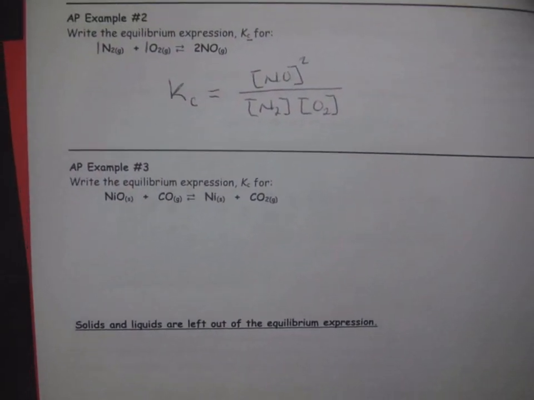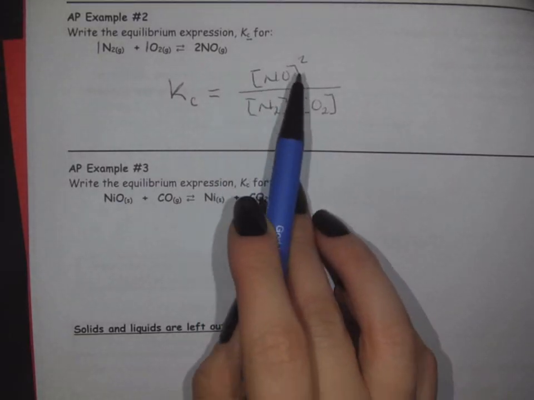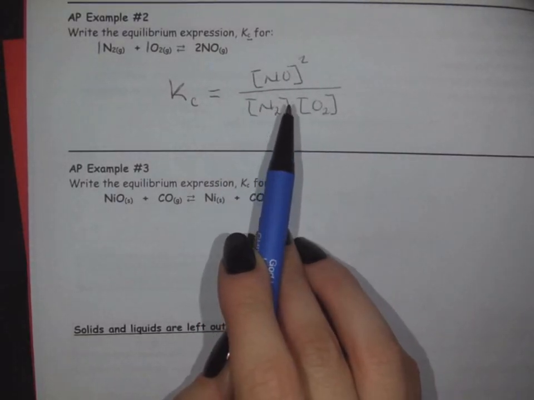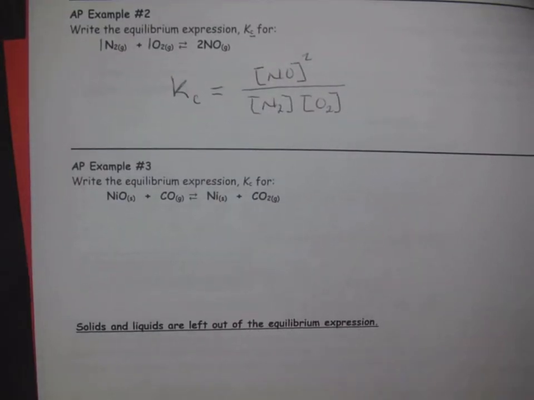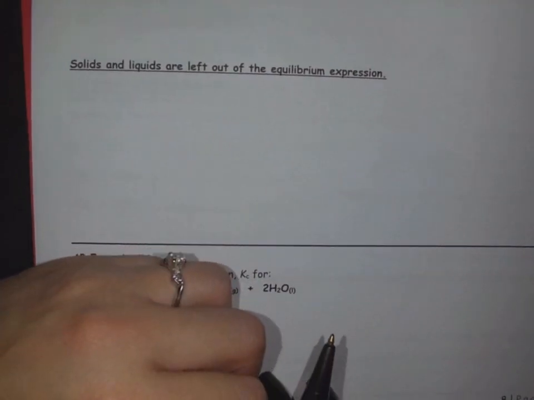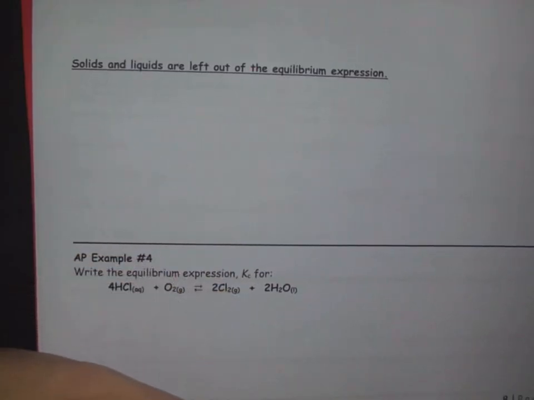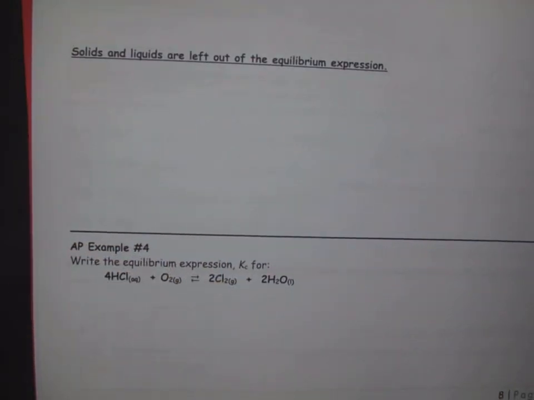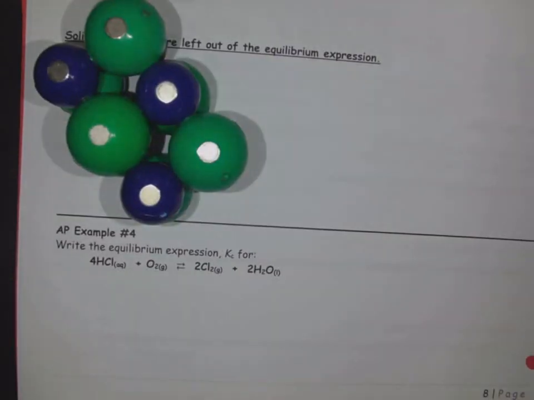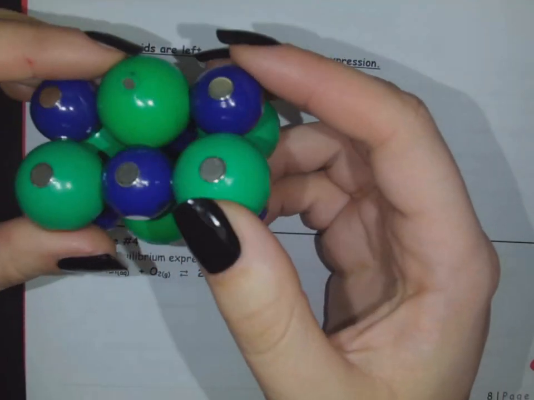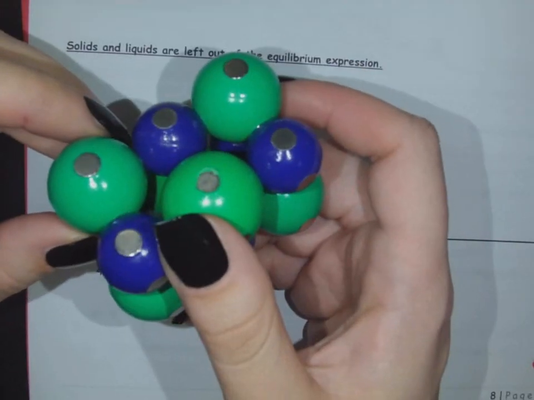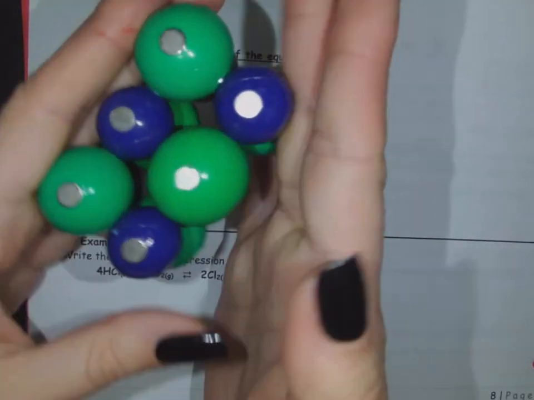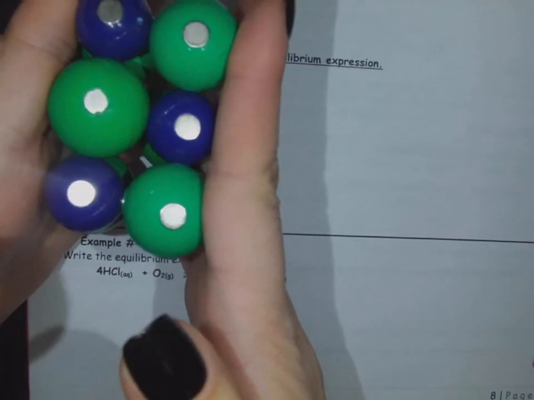Another important thing to note is that concentrations don't change for solids or liquids. Concentrations of gases change and aqueous items change. So for that reason, if something is a solid or a liquid, we don't include it in the concentration. Let me explain this. Let's say that this is my solid. And reminder, concentration is the amount of stuff, the moles, over a given volume. And if I have a solid where these things are all compact in here, look at the volume of this.